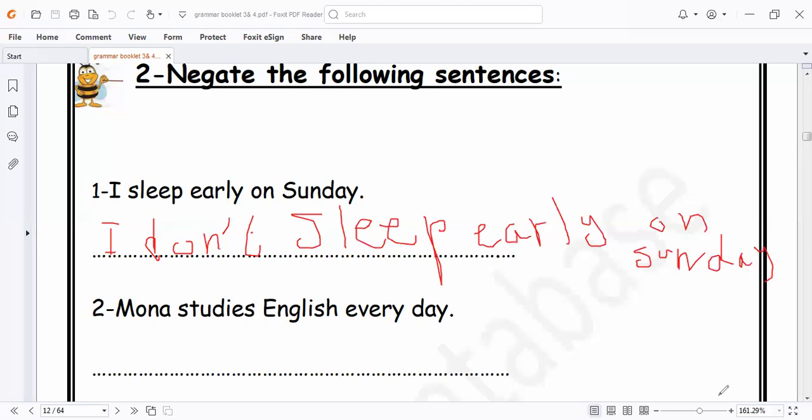And then it's a full stop at the end, because here is not a question. Mona, what can I say? Mona doesn't study. Here is doesn't, and I return the verb to the infinitive form. Mona doesn't study English every day.